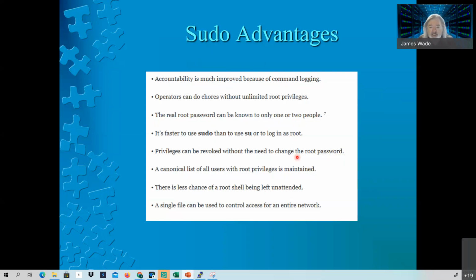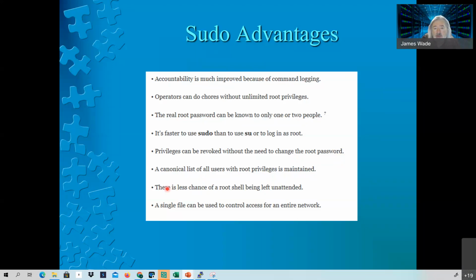The other nice thing is auditing. By the way, I've had to go through this with companies auditing. They can literally come in and say, we want to know who has admin privileges. Okay, here's my sudoers file. There you go. These two administrators have the root password, but for all of our other administrators, as well as all of our other staff, here is the sudoers file.